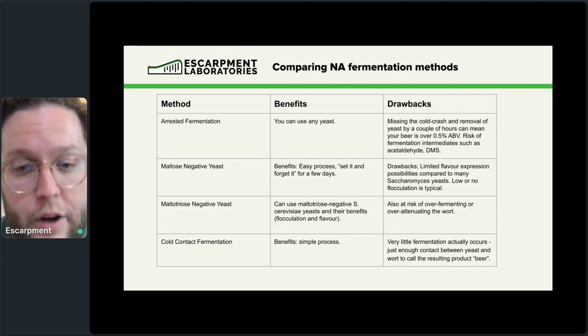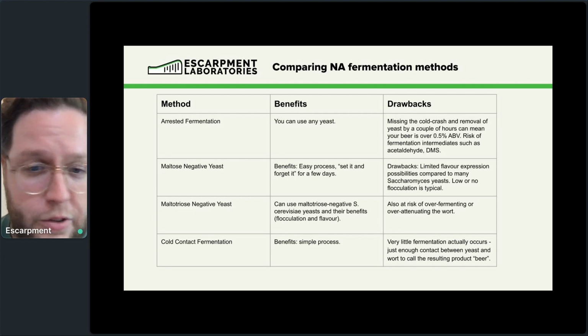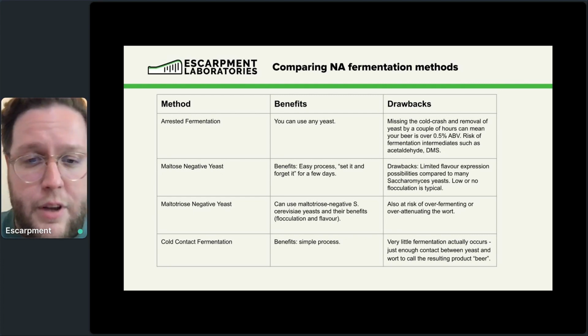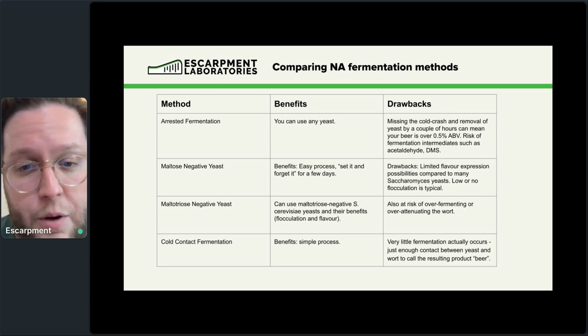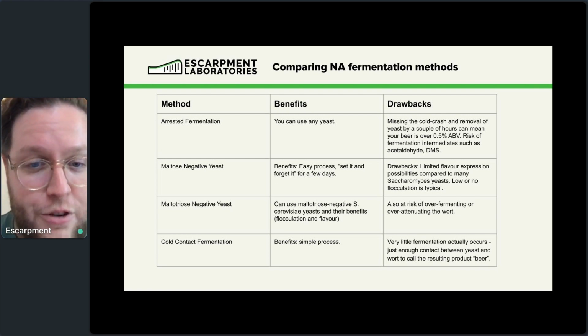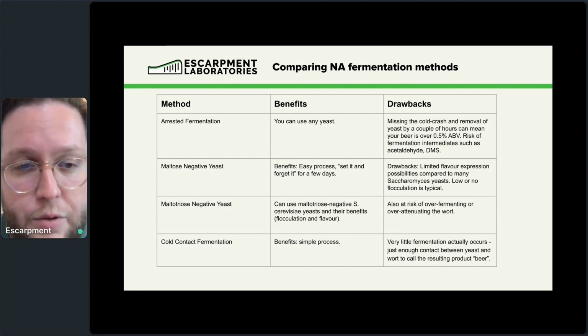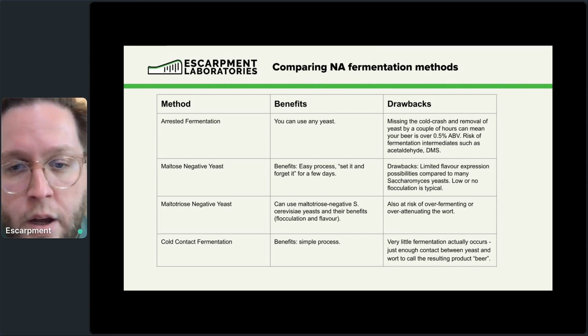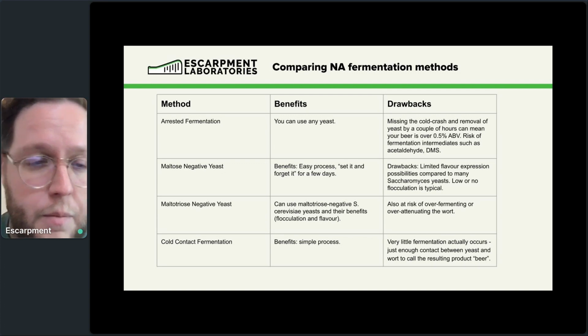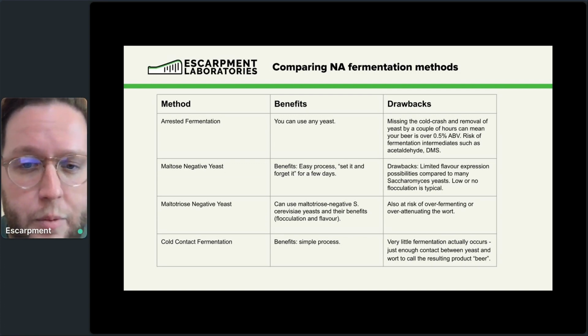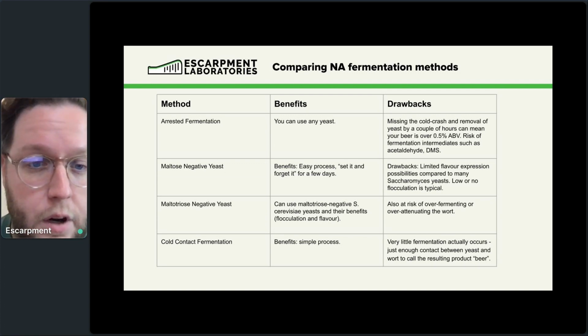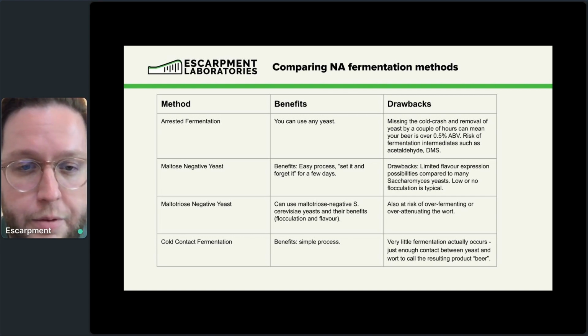Maltotriose negative yeast. The benefit there is that you actually do have quite a large selection of maltotriose negative Saccharomyces yeasts, and their benefits, including domestication traits like flocculation and flavors, right? Less risk of phenols and things like that. There's lots of options. You can play around with wine yeast. You can play around with some sake yeasts, which are also maltotriose negative.